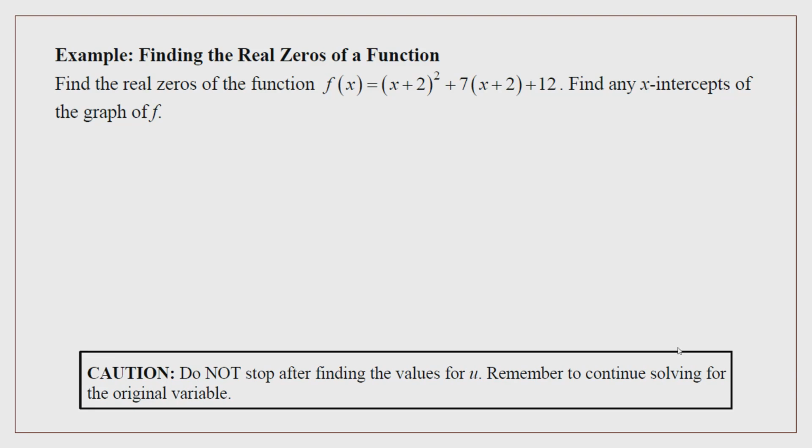So we're going to approach this in a similar fashion as we did previous quadratic equations. We're going to set f of x equal to 0. That's the first thing. So (x plus 2) squared plus 7 times (x plus 2) plus 12 equals 0. Then we are going to rewrite it in terms of u.